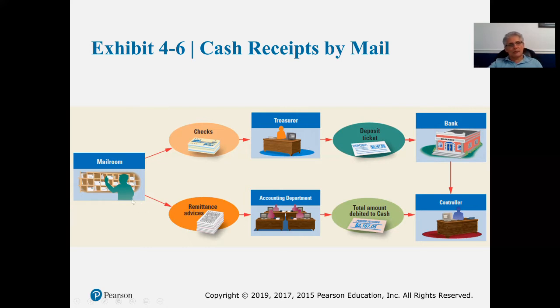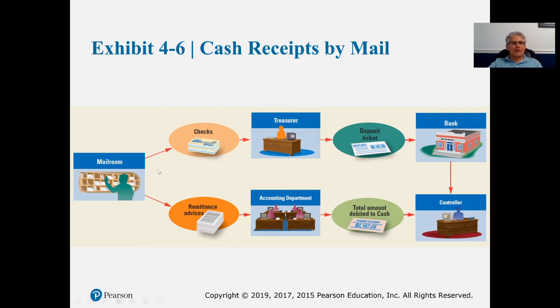Then the checks go to the treasurer, who creates a deposit ticket and deposits that money into the bank. The remittance advices are then given to the accounting department. The accounting department applies those receipts to customers or to wherever it needs to go, and they also record simultaneously what goes into cash. Then the cash that's been deposited and the bank statement that's been received by the controller allow for a reconciliation that we're going to be learning about shortly.